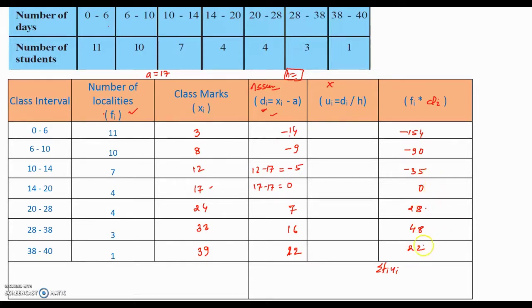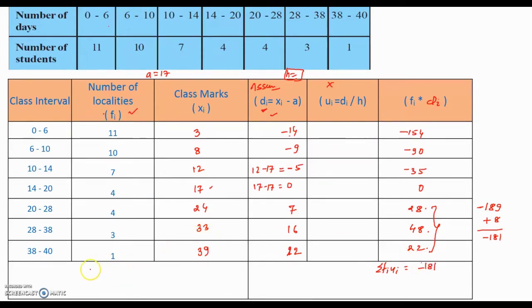We see that 28 and 22 will give us 50. 50 plus 48 is 98. So this part will give us 98. We minus 90 from that, we'll get 8. So we'll keep 8 here, and minus 154 and minus 35 will give us minus 189. So minus 189 plus 8 will be minus 181. So we get sigma fi di as minus 181.